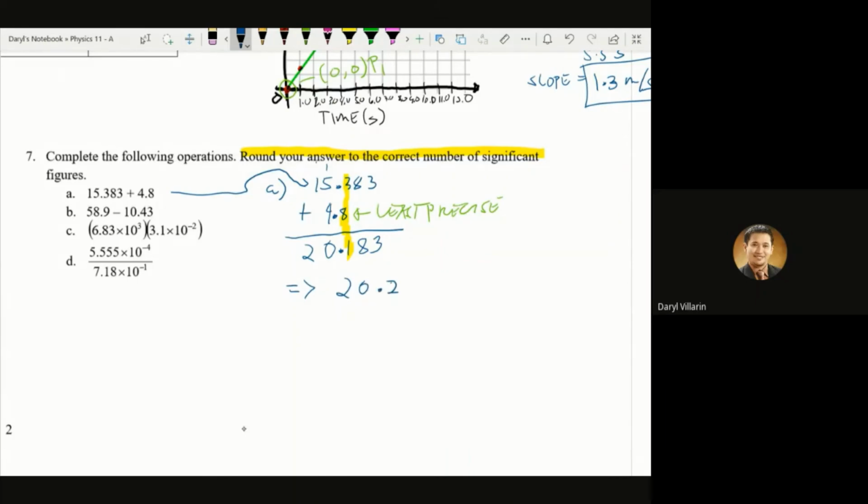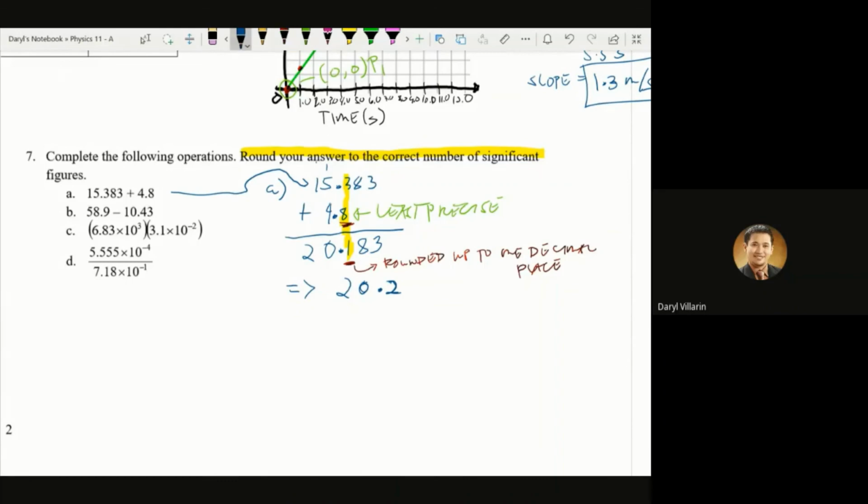Well, in this case, it doesn't have any unit. So the final answer is 20.2. So you're going to round off up to 1 decimal place, because the least precise one is 1 decimal place.